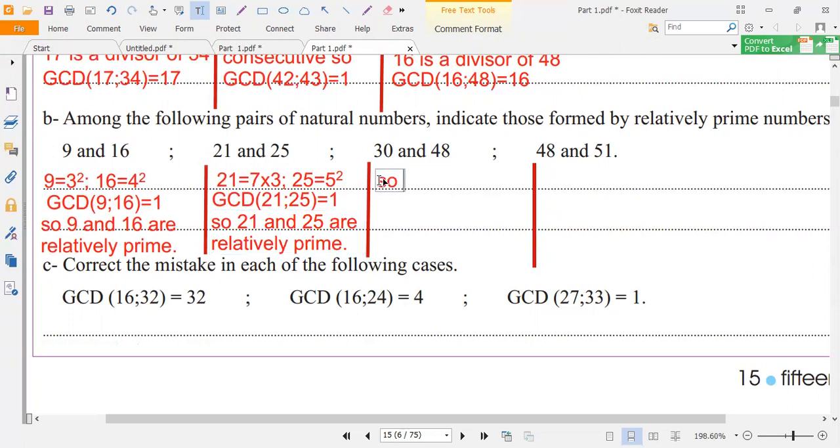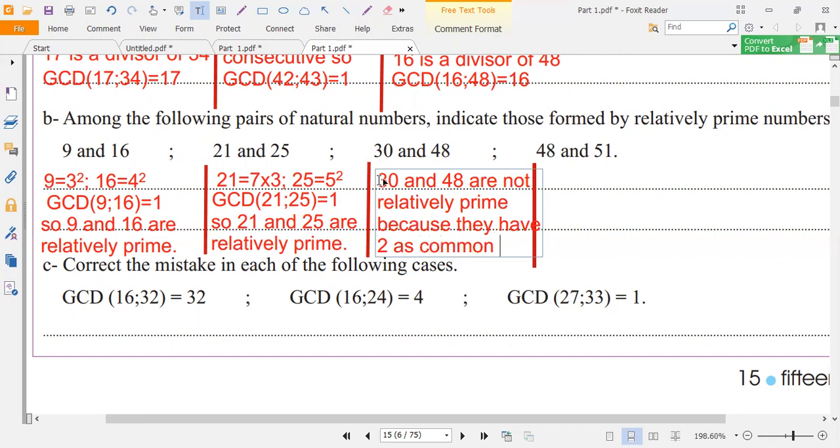So 30 and 48 are not relatively prime because they have 2 as a common divisor.